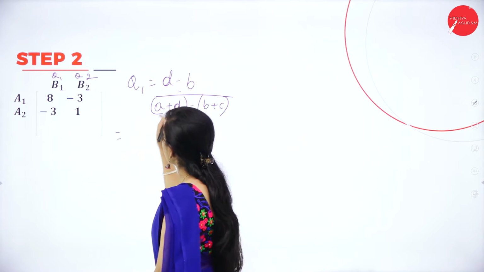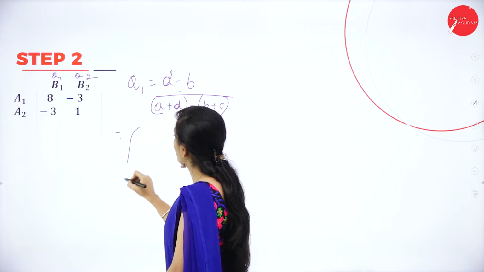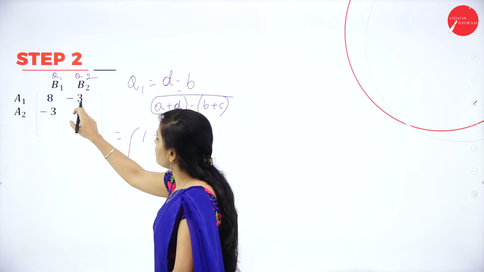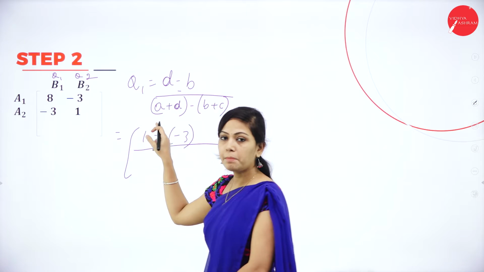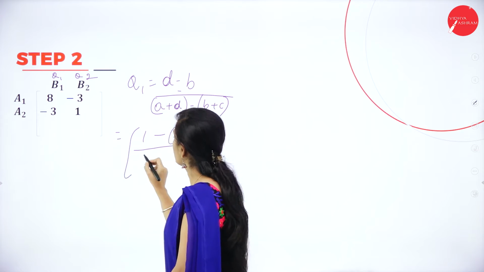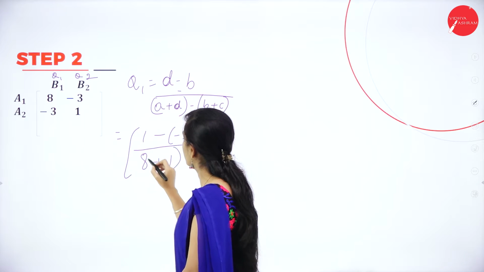Now, what is the value of D? D is 1. 1 minus B, where B is -3. 1 minus of -3 divided by A plus D. A is 8 plus D is 1.